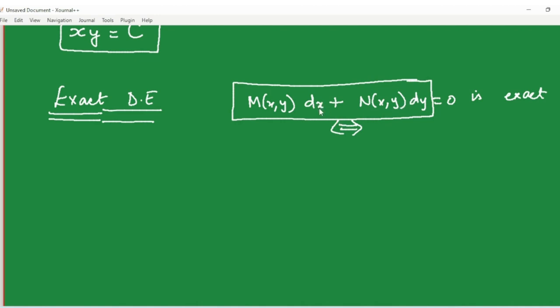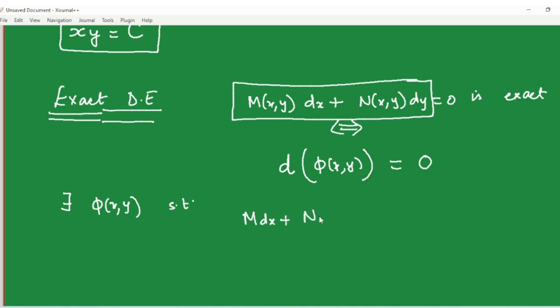So whenever the left-hand side can be expressed as an exact derivative of some function of x and y, we call it an exact differential equation. That means this is exact if there exists a function phi(x,y) such that M dx plus N dy can be written as d phi. Whenever this happens, this differential equation is going to be exact, and if it doesn't happen, then it's not going to be exact. But there are ways of making non-exact differential equations exact, which we'll be discussing in subsequent videos.